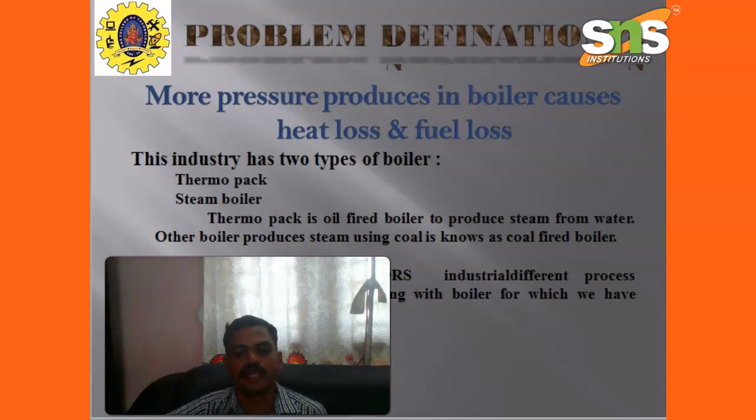Complex industrial processes are taking place in the industries along with the boiler, for which we have defined the problem.